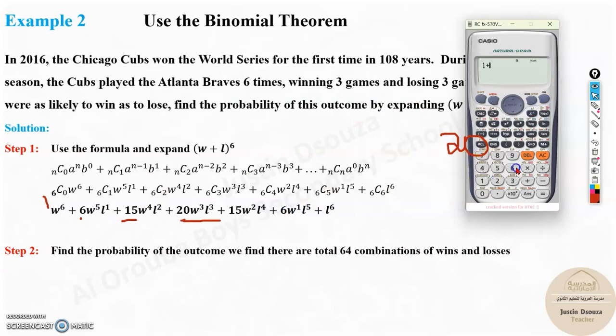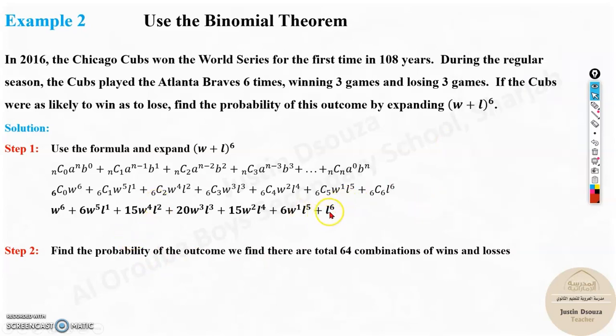Sorry, it's 20 plus 15 again plus 6 and plus 1. And what is the answer you're getting? 64. So the total combination of winning or losing, maybe loss or maybe win, is 64. We just now found that out.